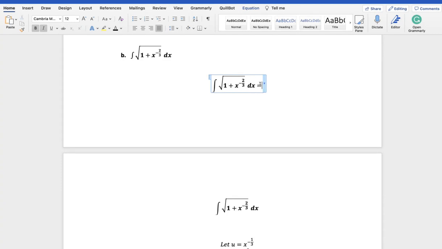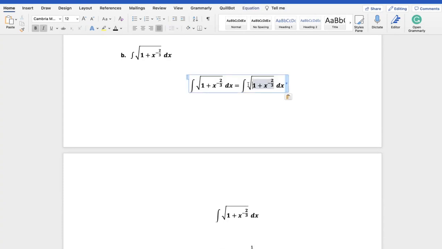Which you can just rewrite as the square root of x to the 2 over 3 multiplied by 1 plus x to the negative 2 over 3, all divided by x to the 2 over 3.